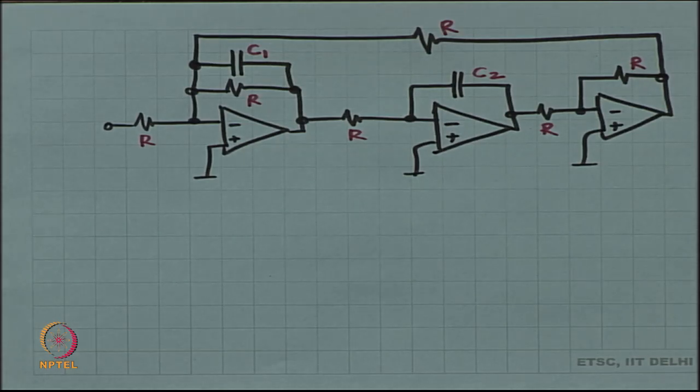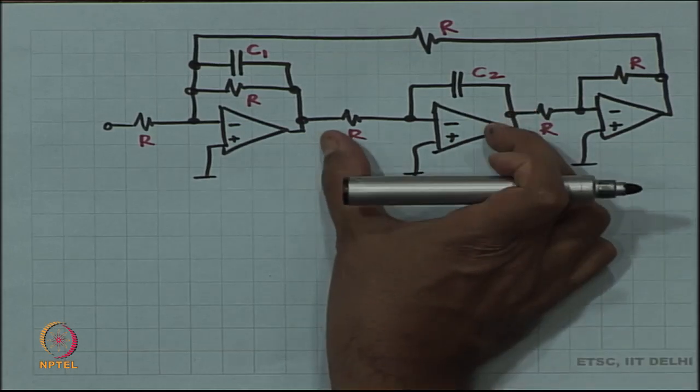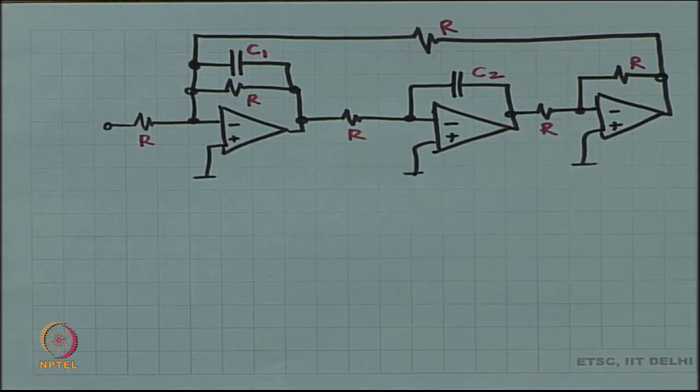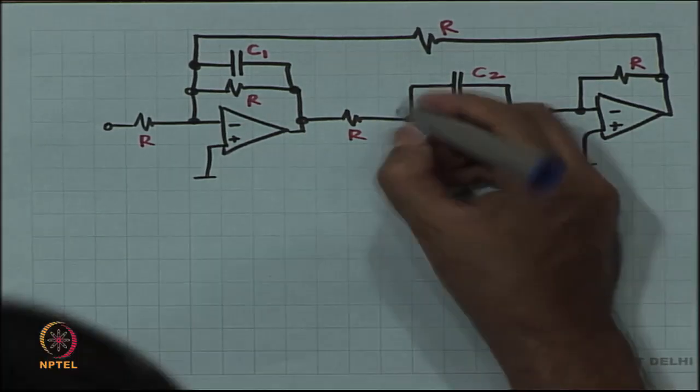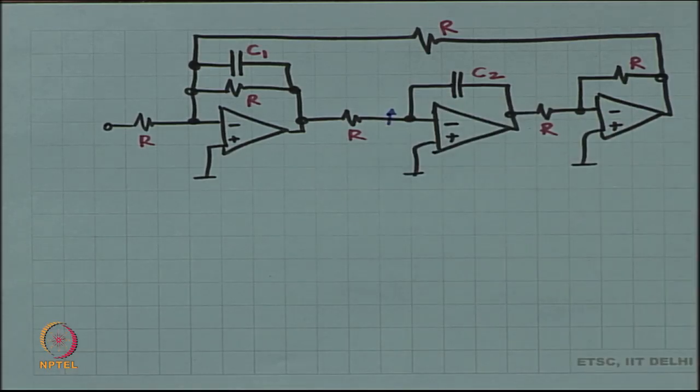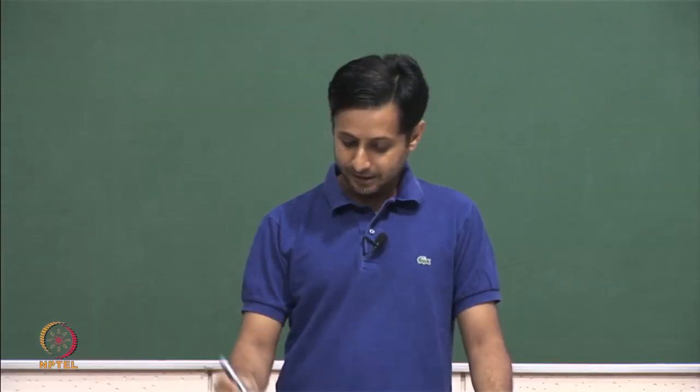Now, what happens over here? How do I check that this particular op amp has negative feedback at DC? I need to check that. So, suppose the voltage at this node is slightly higher than the requisite voltage to give it high gain, right. The op amp should be in this region.